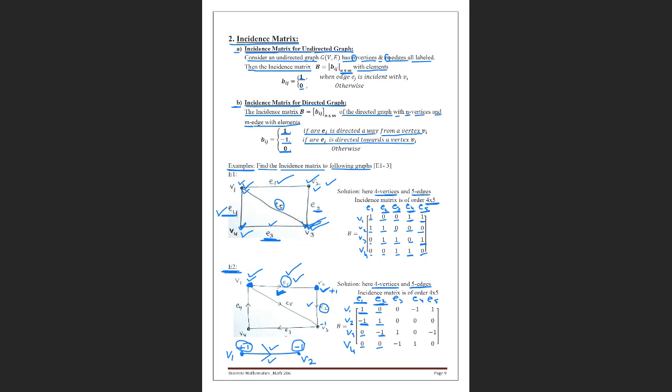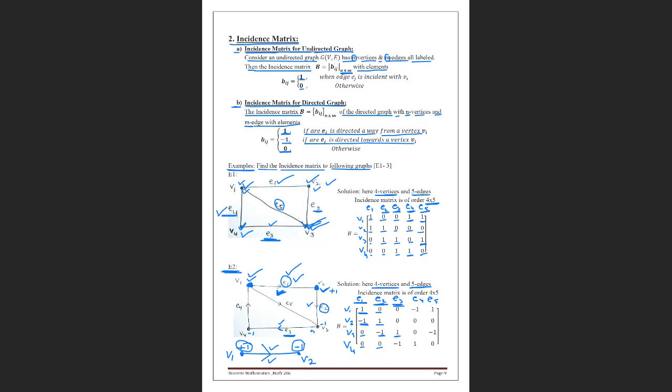Same way, look here, E3. Edge E3 is here. Okay? And the arrow is going this way. So V4 gets -1 and V3 gets +1.